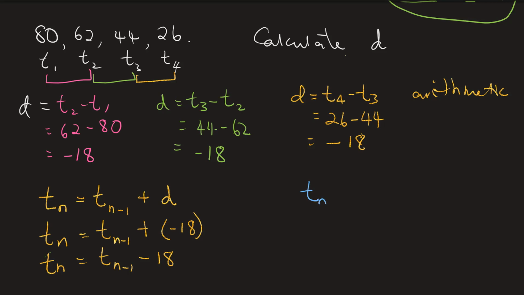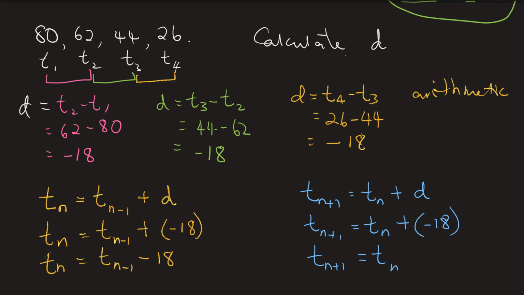The term ahead of you is the term you are looking at plus the common difference. So Tn plus 1 is equal to Tn plus negative 18. Tn plus 1 is equal to Tn minus 18. So this is the way to write out the recursive form of this sequence in both ways.